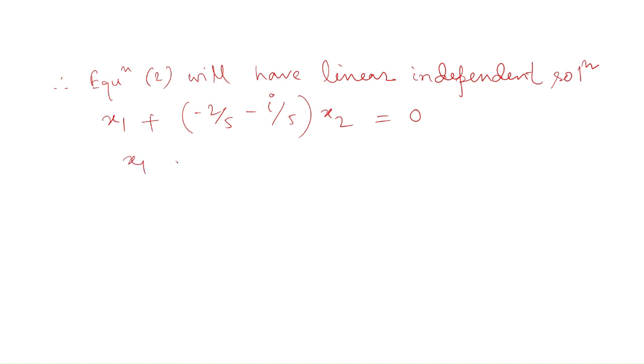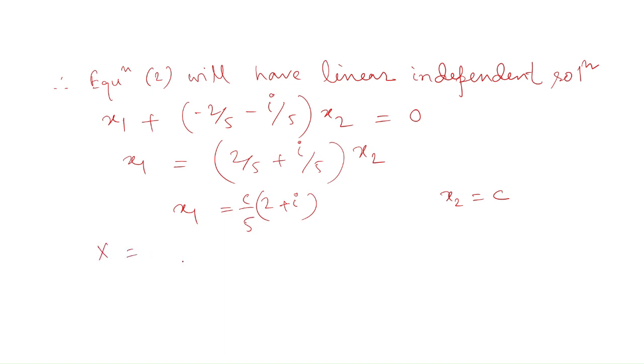Now x1 is (2 by 5 plus i by 5) x2. If we take x2 as c, then x1 will be (2 plus i) c by 5. Then the eigenvector x becomes c by 5 times (2 plus i, 5).